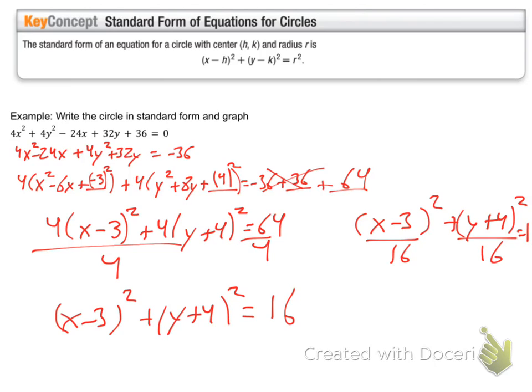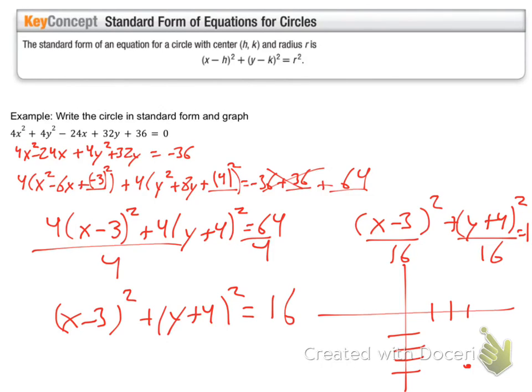Notice they are the same thing. I could go over here and multiply both sides by 16. I'll have a 16 then. Your center is at 3, negative 4. R squared is 16, so R is equal to 4. All I'm doing then is graphing this at 1, 2, 3, 1, 2, 3, 4.